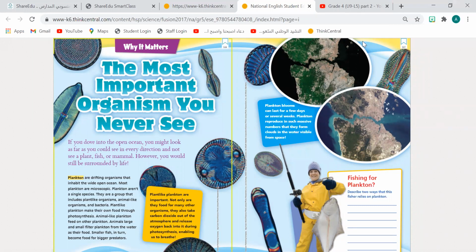These are plankton. They are drifting organisms that inhabit the wide open ocean. Of course, most of them are microscopic and aren't a single species. What do I mean by single species? They are not living alone.